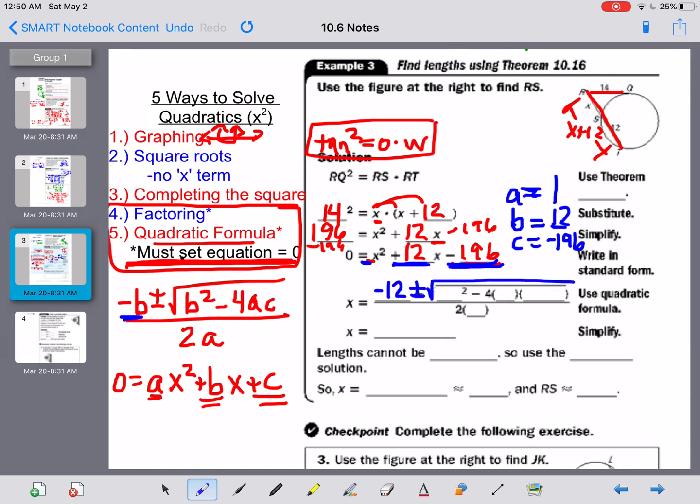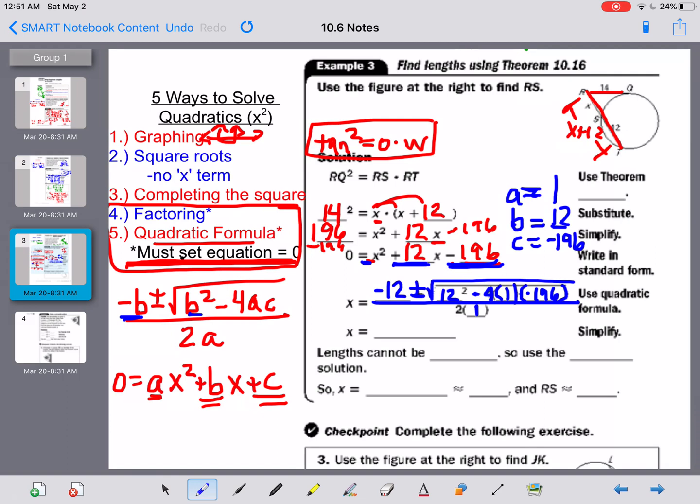So I plug in 12 squared. I always have a minus 4 that never goes away. It's part of the formula. I plug in my a of 1 and my c of negative 196 all over. That division bar is the entire length, all over 2 times a, which is 1.